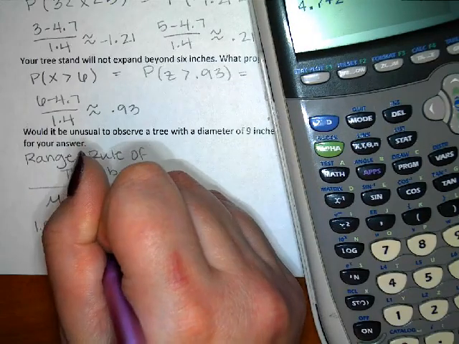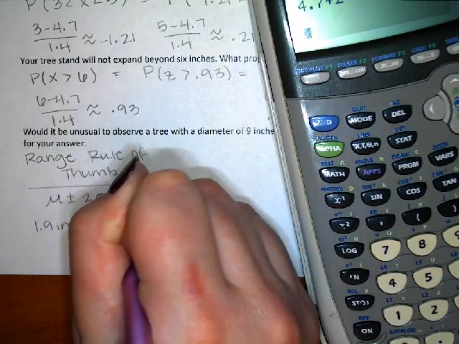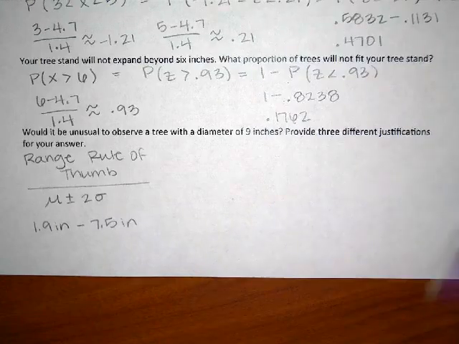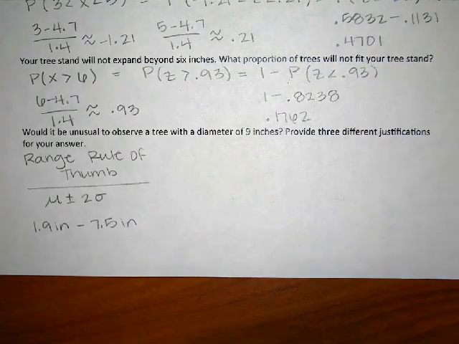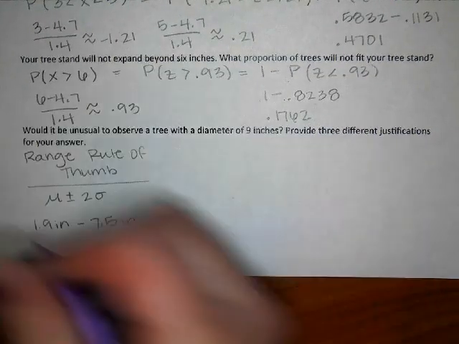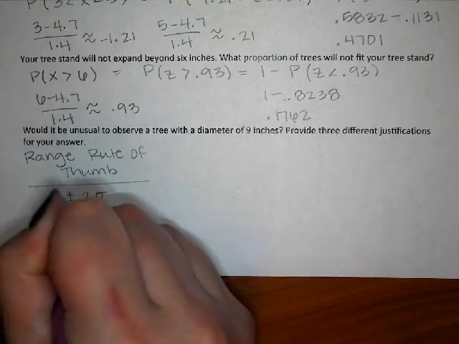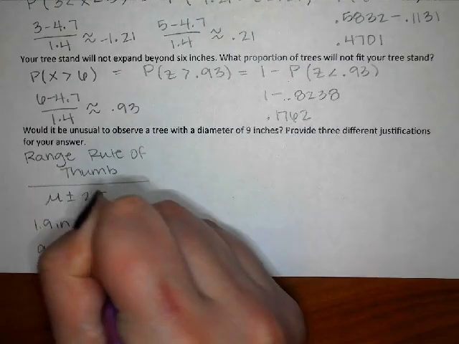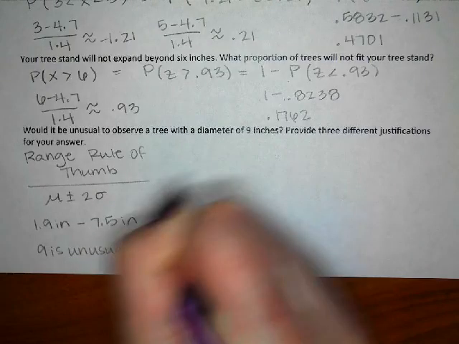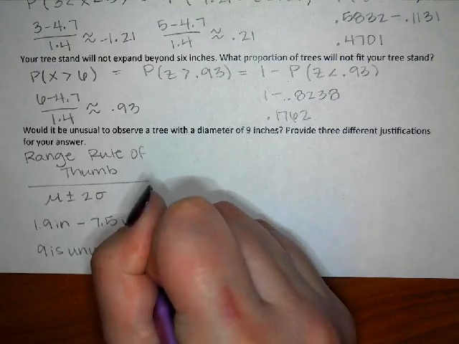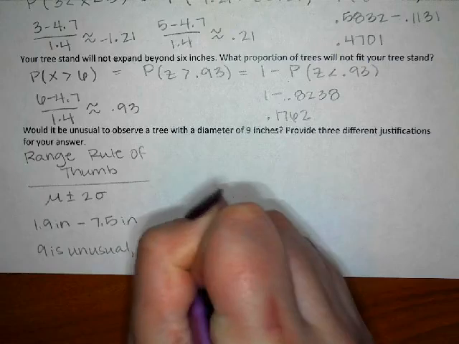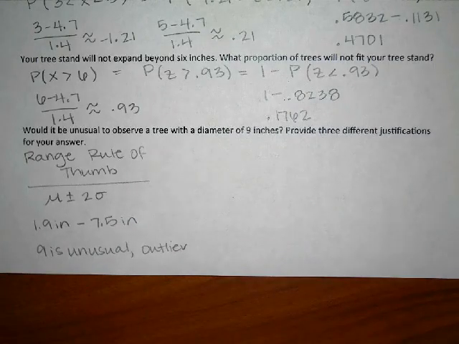Those would be considered the usual values for the diameter of the tree at the farm. And so 9 is unusual, and it would be an outlier based on the range rule of thumb. So that's one way that we learned to talk about typical values, usual values, or what would be unusual.